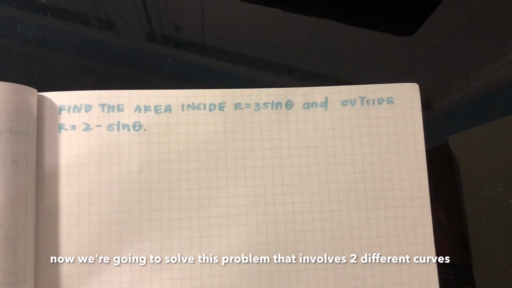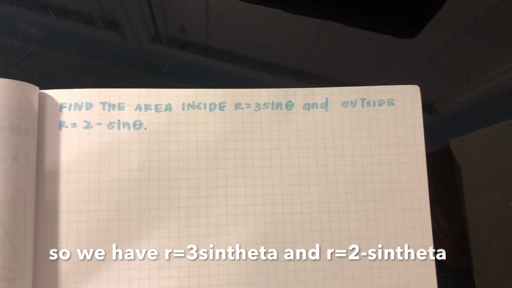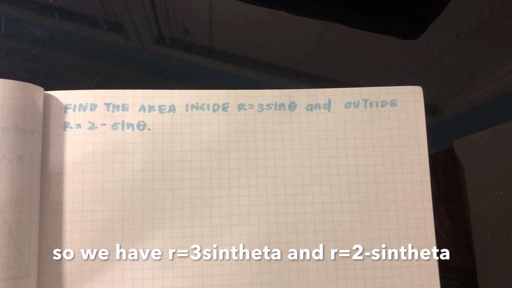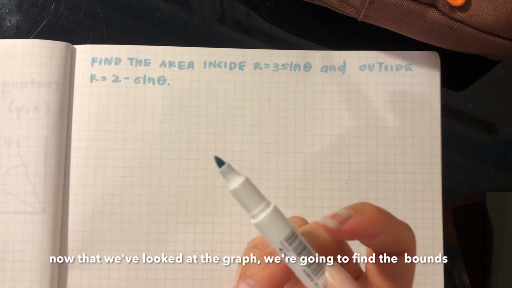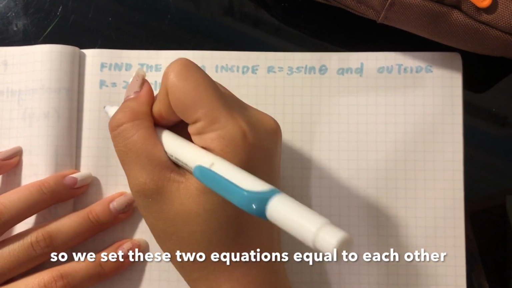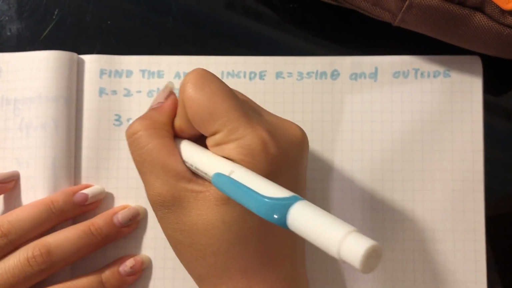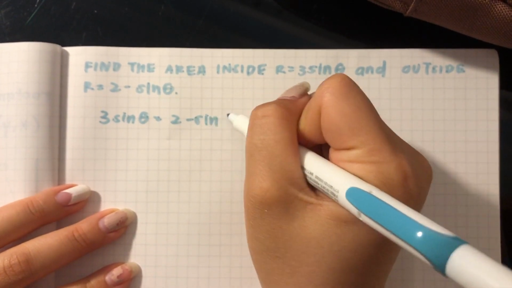Now we're going to solve this problem that involves two different curves. So we have r equals 3 sine theta and r equals 2 minus sine theta. So now that we've looked at the graph, we're going to find the bounds. So we set these two equations equal to each other. 3 sine theta equals 2 minus sine theta.